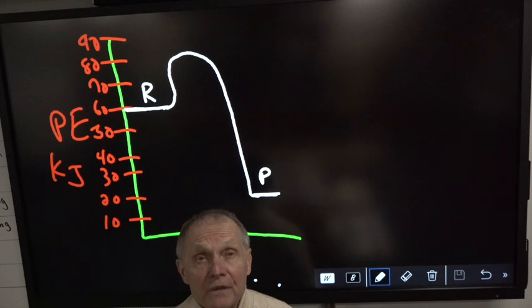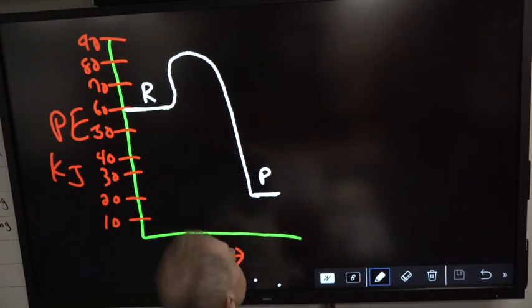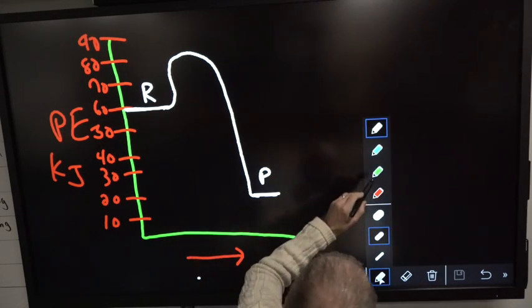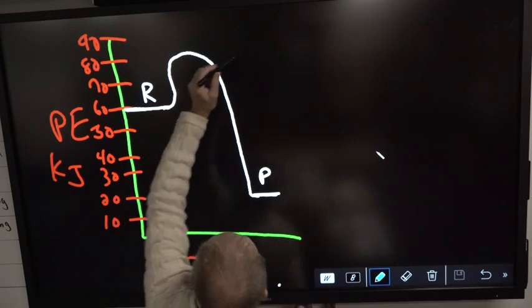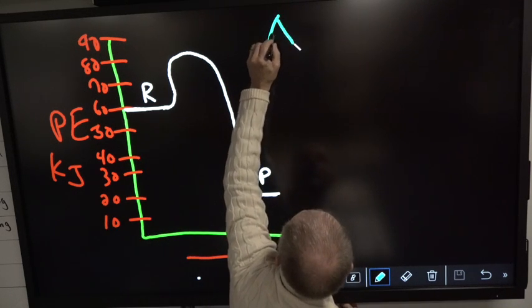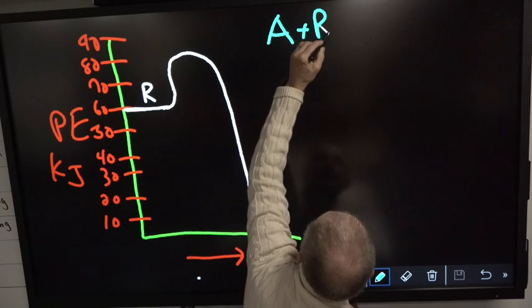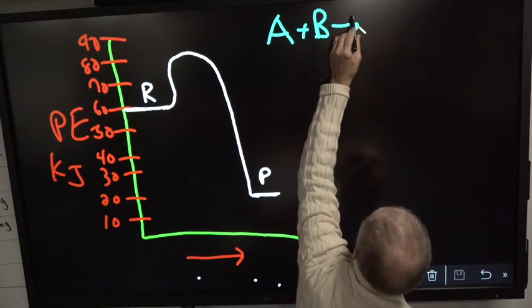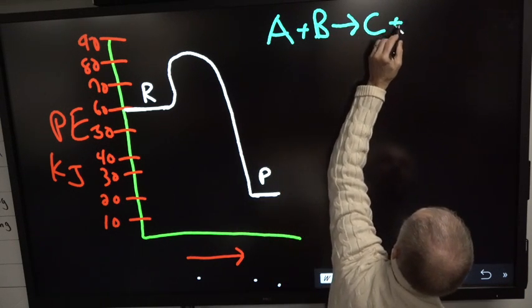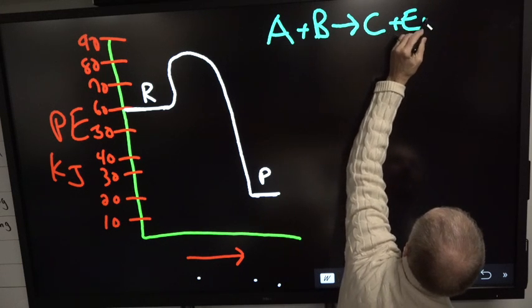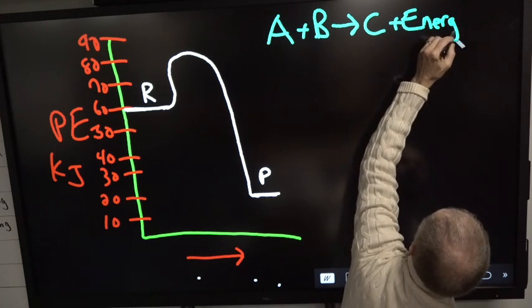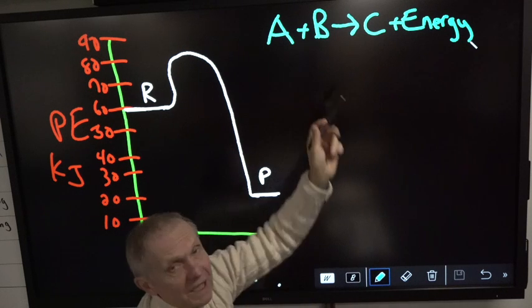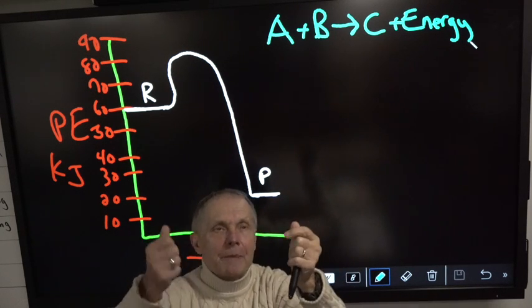And the equation for an exothermic reaction is this. A plus B yields C plus energy. A and B, if you want, that was the match and the matchbook.